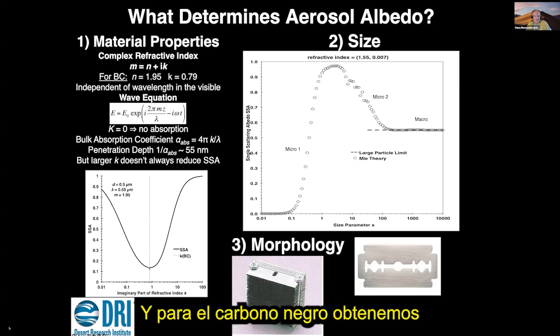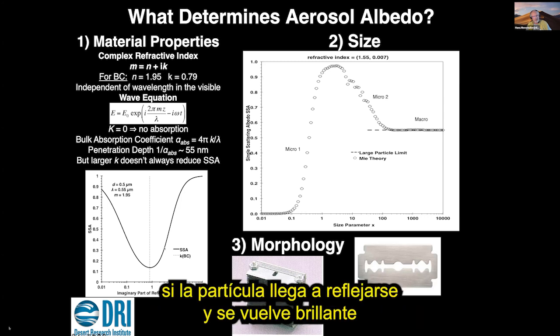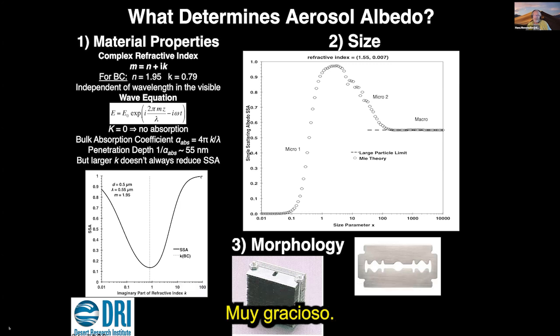And for black carbon, we actually can go down to 0.1, 0.15. But if we further increase the imaginary part, the particle actually becomes reflectant. It becomes shiny like a metal, and the single scattering albedo goes back up to 1. Pretty funny.